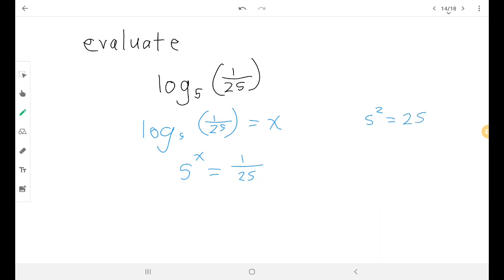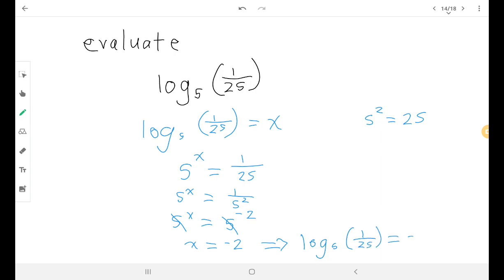So this is like 5 to the x equals 1 over 5 to the second. But 1 over is the reciprocal of that, which means this is the same as 5 to the negative second. Then I can ignore the bases and have x equals negative 2, which means that log base 5 of 1 over 25 equals negative 2. I'll let you look at that for a moment.